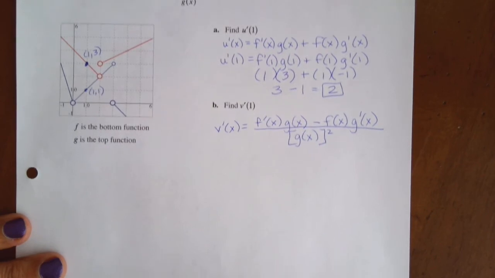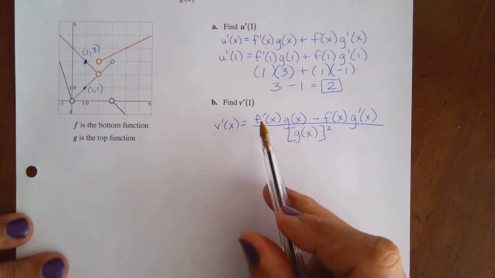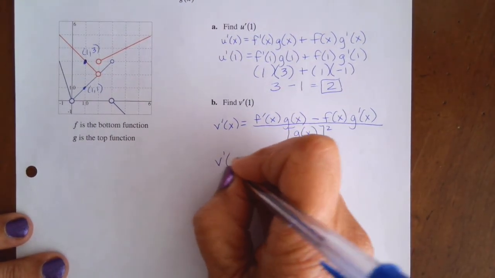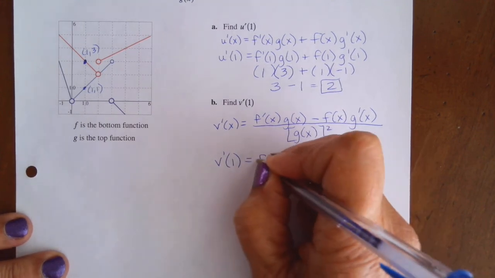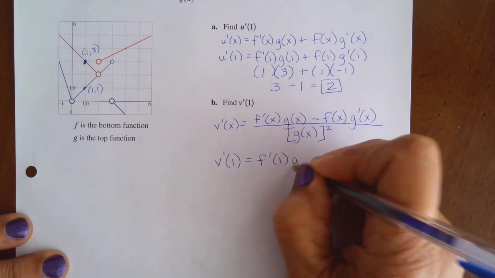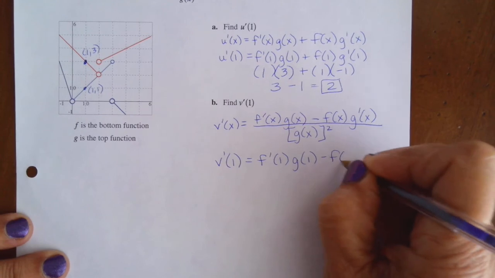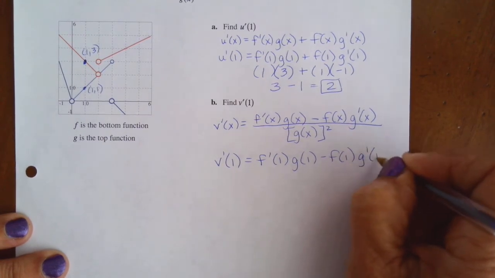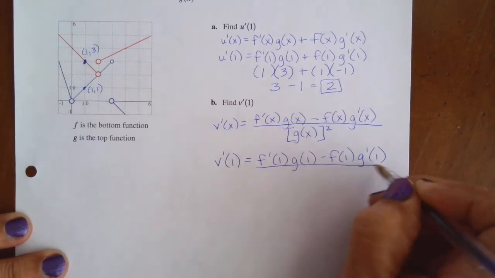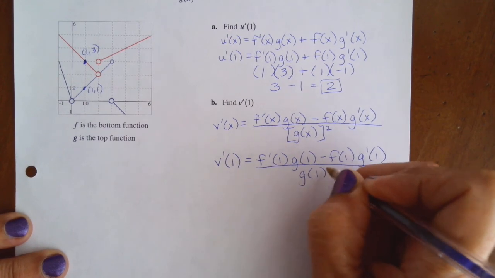Okay? And now we can plug in what we're finding, so v prime of 1. So that would be f prime of 1 times g of 1 minus f of 1 times g prime of 1 over g of 1 squared.